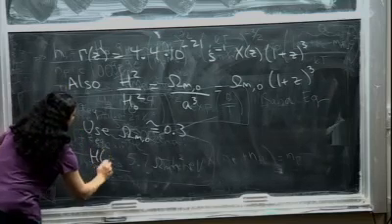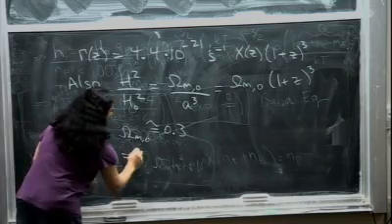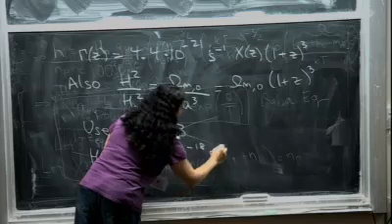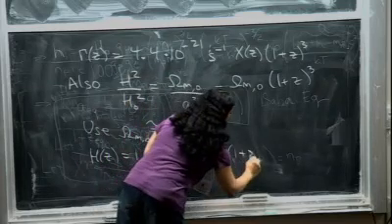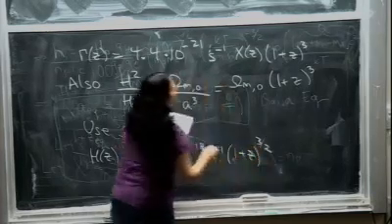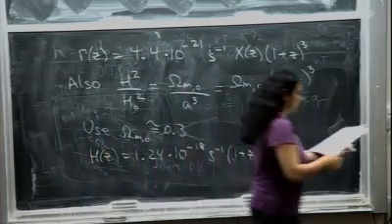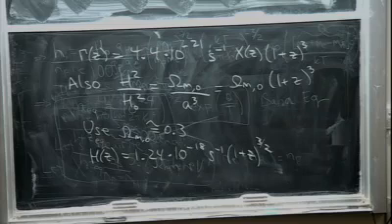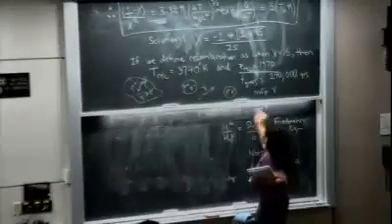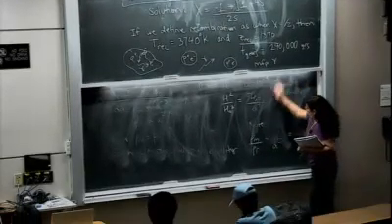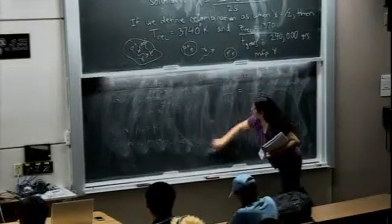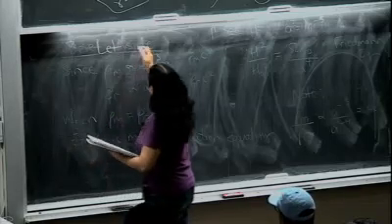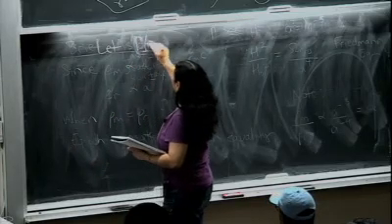Then I can say that my H is 1.24 times 10 to the minus 18 per second, times (1 plus z) to the 3/2. Okay. And now if I equate the two, that's going to tell me when photon decoupling happens. So let this rate equal H of z.